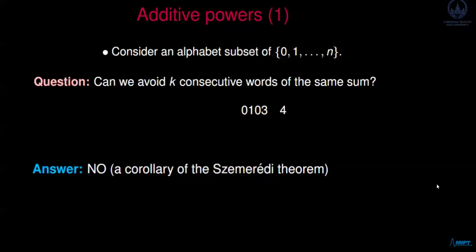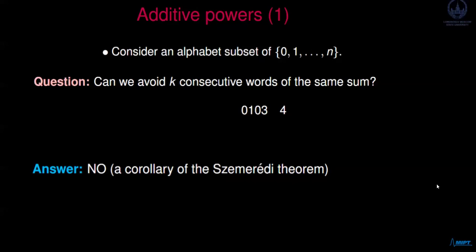Next, we dive into the concept of additive powers. Here we consider an alphabet that's a subset of the integers 0, 1, up to n. The natural question we ask is, can we avoid having k consecutive words that have the same sum? For example, consider the sequence 0, 1, 0, 3, which sums to 4.